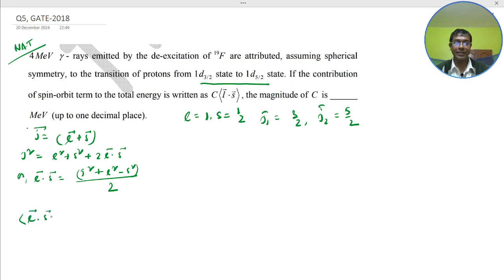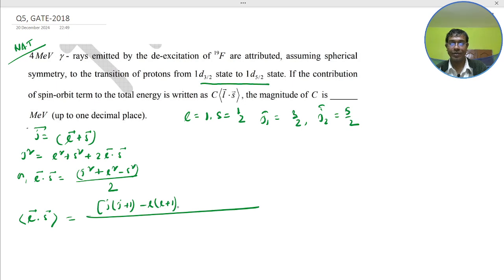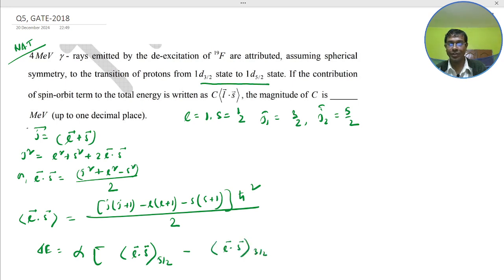So L dot S, put this value, that J into J plus 1 minus L into L plus 1 minus S into S plus 1, h cross square by 2. So the energy alpha, that L dot S of spin 5 by 2 transitions state to L dot S 3 by 2. This is given in the questions.